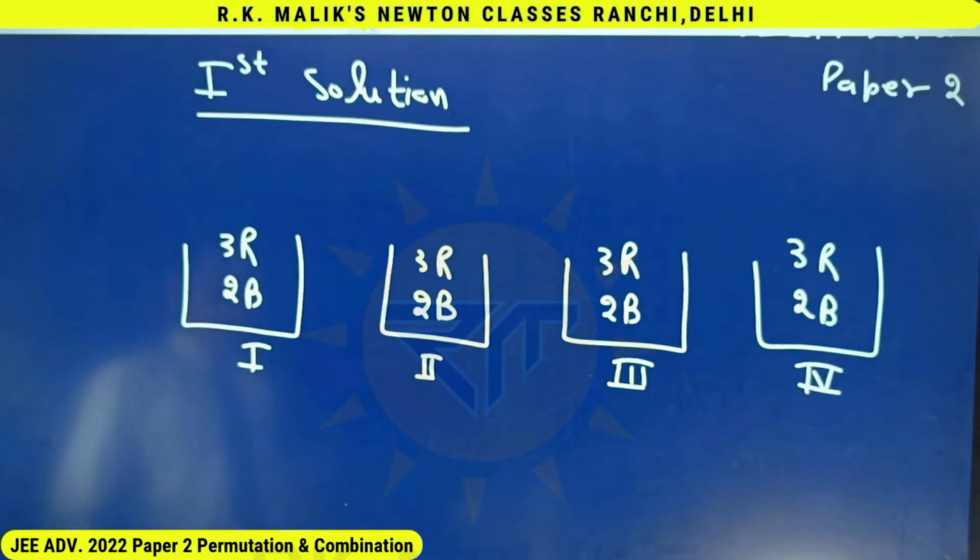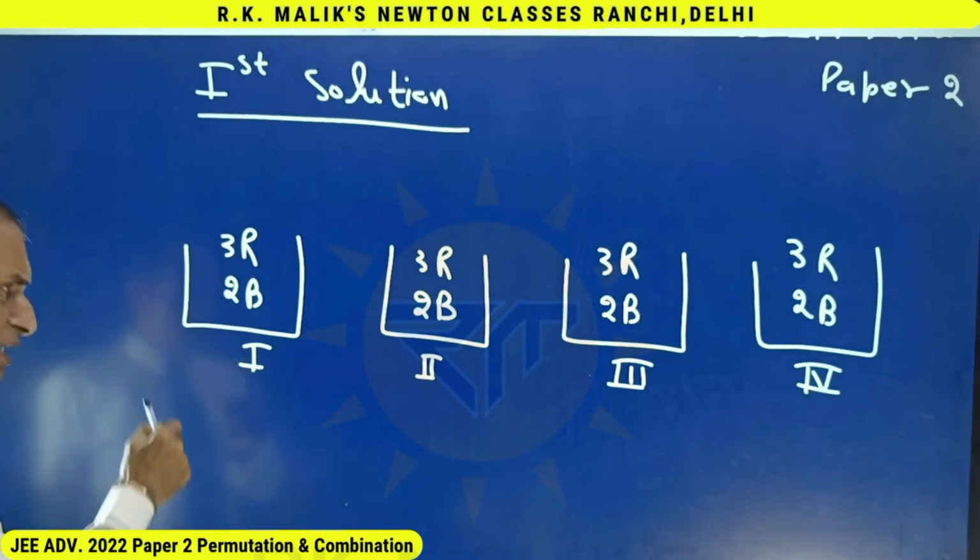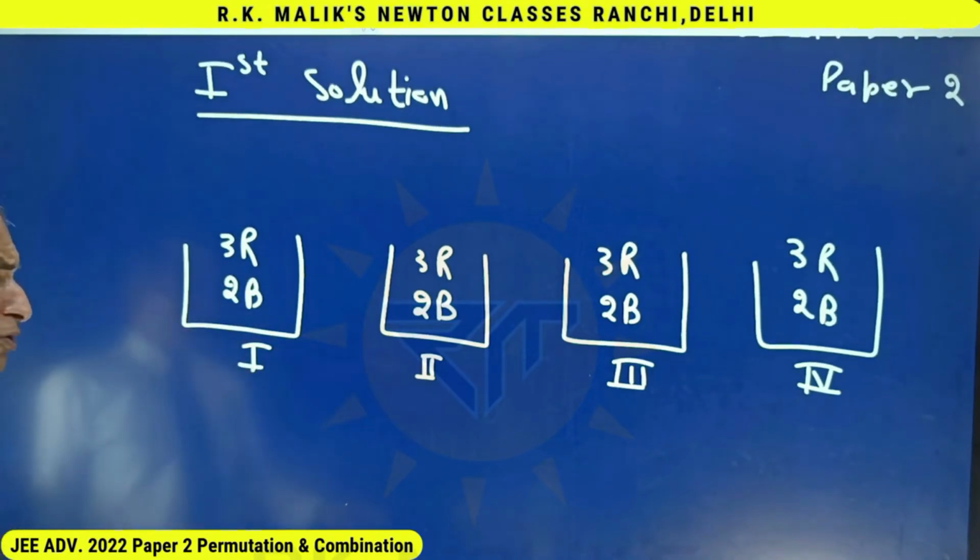Let us deal with the first case, when exactly one box gives 3 red balls and remaining 3 boxes give 1 red ball.